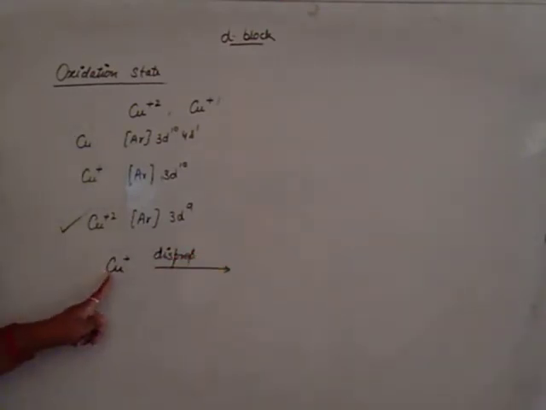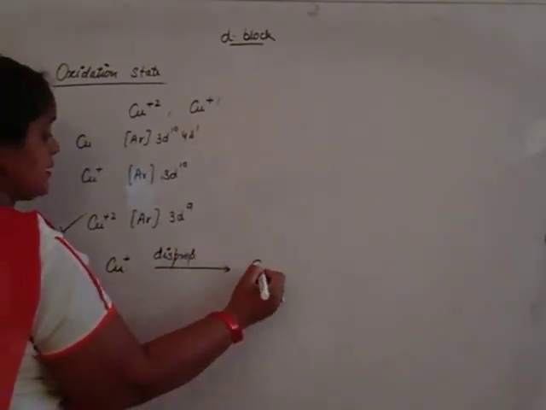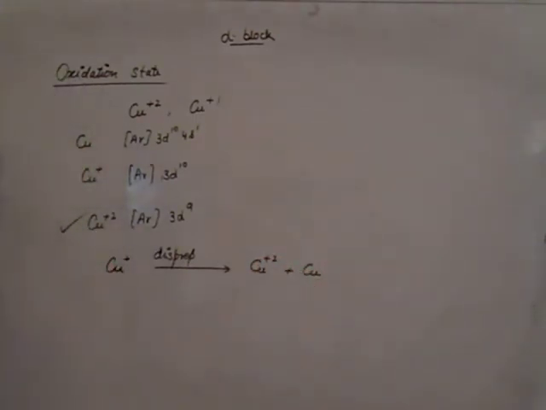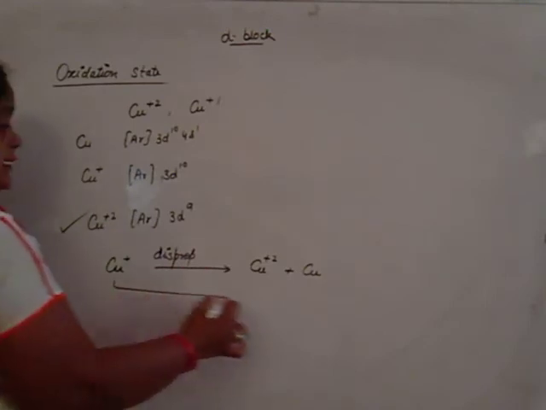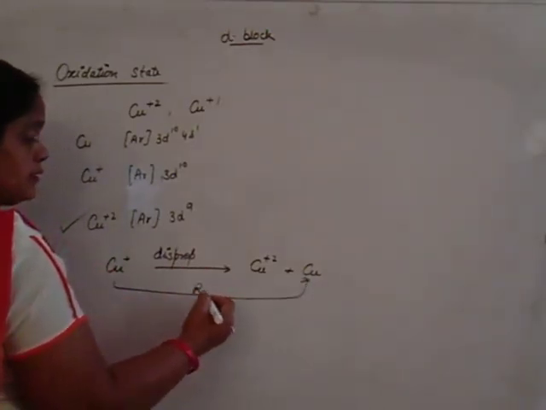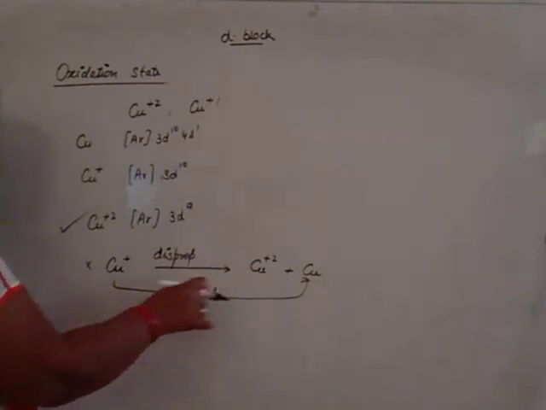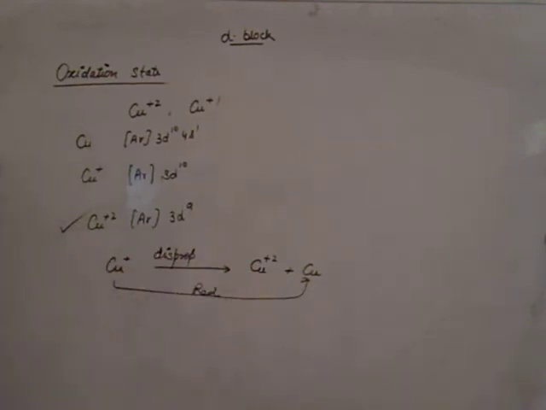That means copper +1 is easily oxidized as well as reduced. Copper +1 is easily reduced, so it is less stable, but copper +2 is not further reduced easily in aqueous solution.